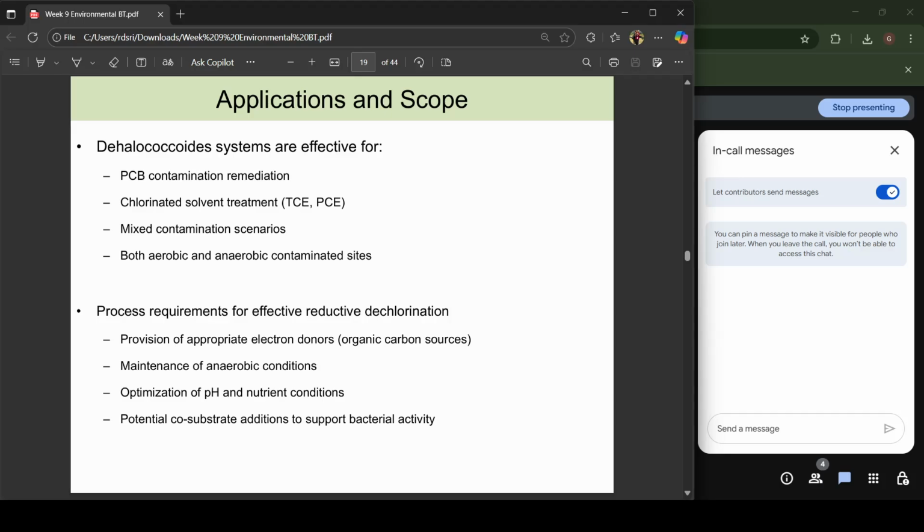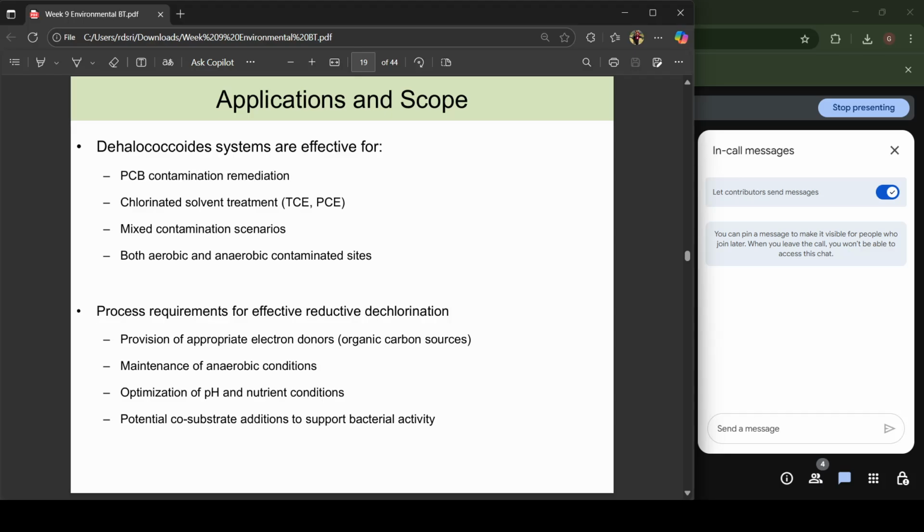The application and scope of dehalococcoides include that they can be used in polychlorinated biphenyl contaminated sites, chlorinated solvent treatment sites, and it can also be used in mixed contamination scenarios where chlorinated contaminants are also present, and it can work in both aerobic and anaerobic sites.